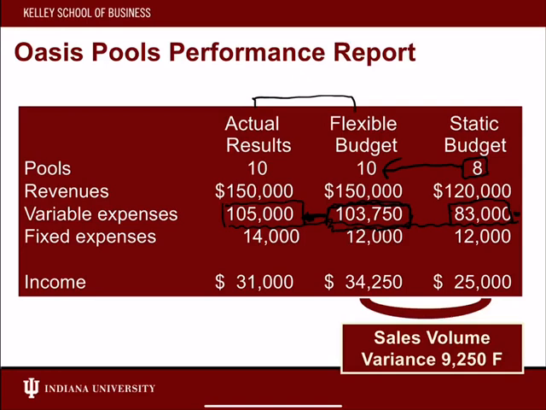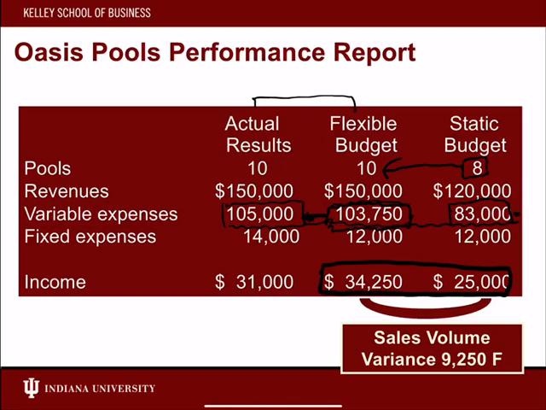So the difference between the flexible budget and the static budget is our sales volume variance. And what you'll learn throughout this whole process is most of the titles of these variances are pretty self-explanatory. So sales volume variance means it's the variance that was caused by the change in sales volume.